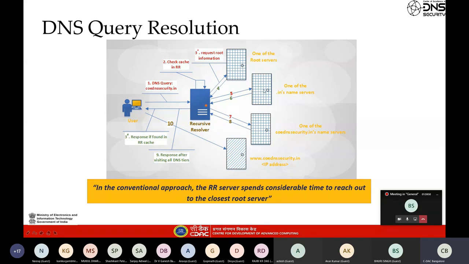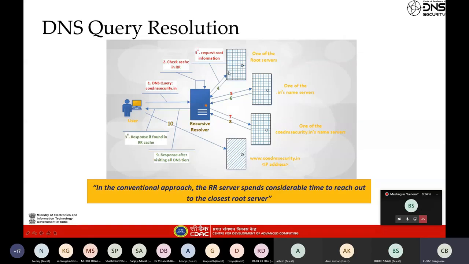And while traversing this DNS hierarchy, it obviously has to send the first query to the root server, right? So any query coming to the recursive resolver has to definitely go to the root server for resolution if the RR's cache does not have the resolution, right?